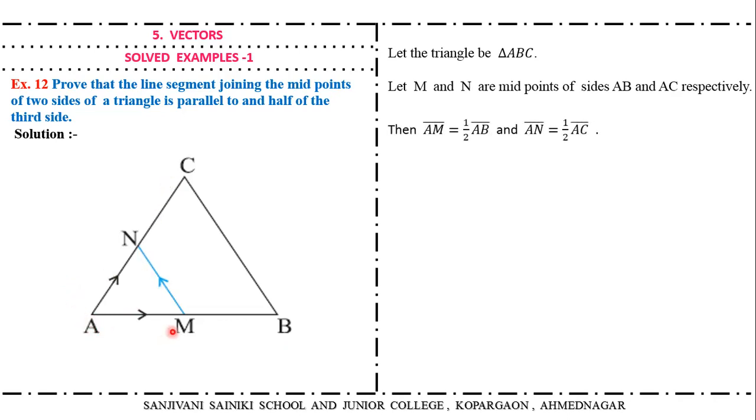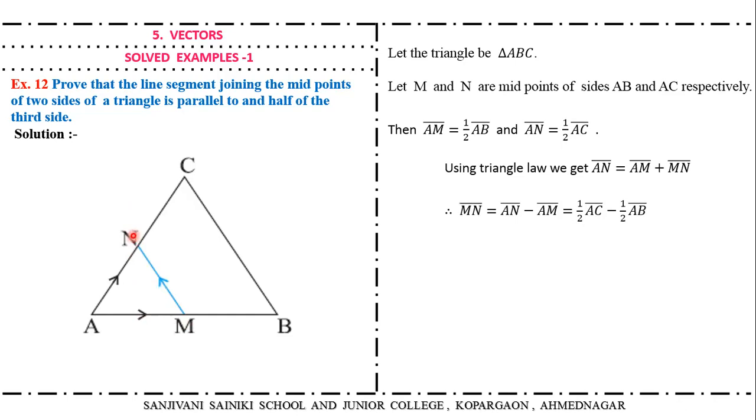Then AM bar is 1/2 times AB bar and AN bar is equal to 1/2 times AC bar. Now using the triangle law, AN bar is equal to AM bar plus MN bar. So MN bar is equal to AN bar minus AM bar.